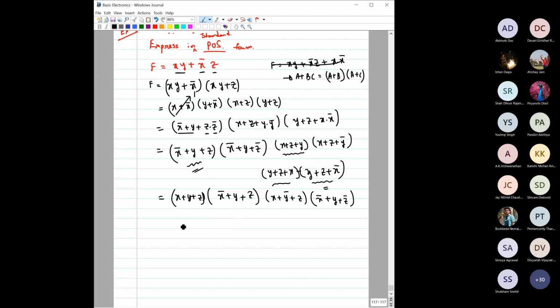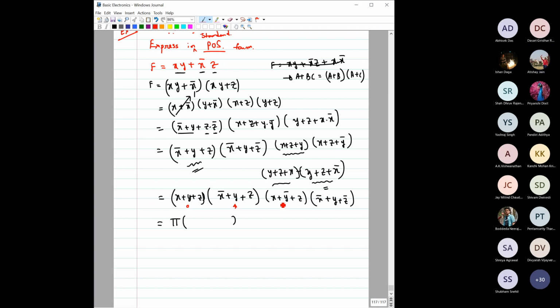Yes, sir. Okay, now if this is correct, then tell me what will be the numbers. This is how much? 7. Again you are making a mistake. This is in maxterm, so zero first: 0 0 0, so it is 0. This one is 1 0 0, which is 4.